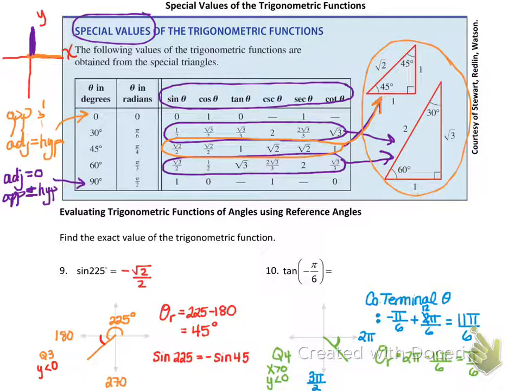So we can go to our table and say, okay, tangent of pi over 6 is going to be root 3 over 3. But now we need to adjust the sign. Well, since we have tangent, which is opposite over adjacent, which is y over x, and since y is negative, it's actually going to be negative root 3 over 3.